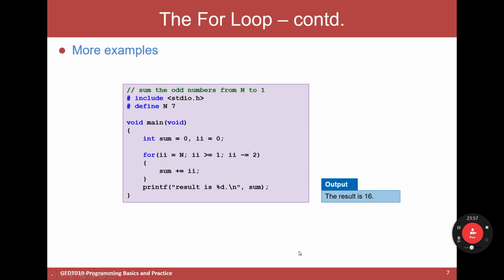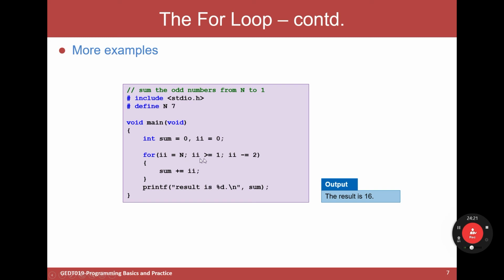Okay, one more example. Here I did another condition. So I say here n is 7, and then I said I is equal n, that means equal 7. This is the initial value, so the initial value of I is equal 7.